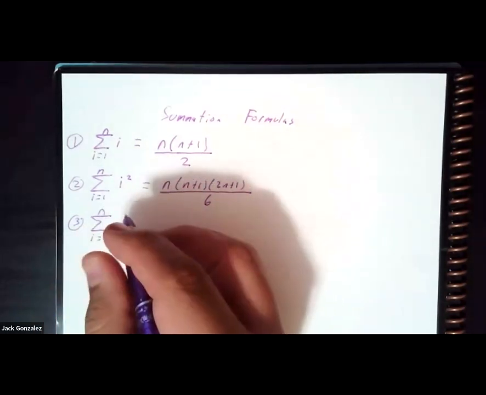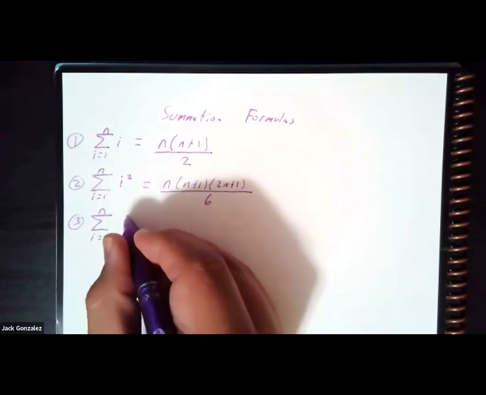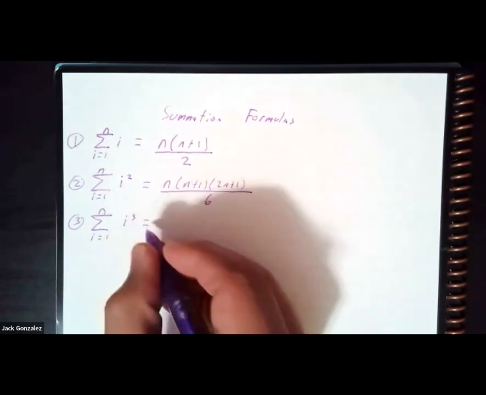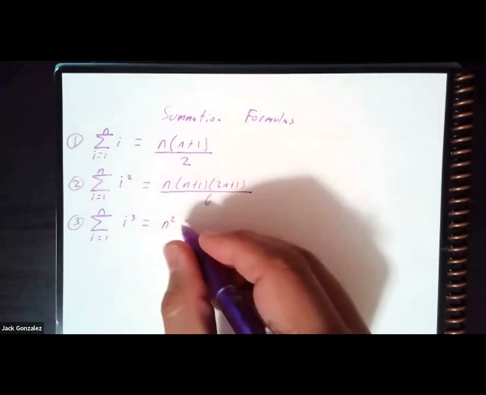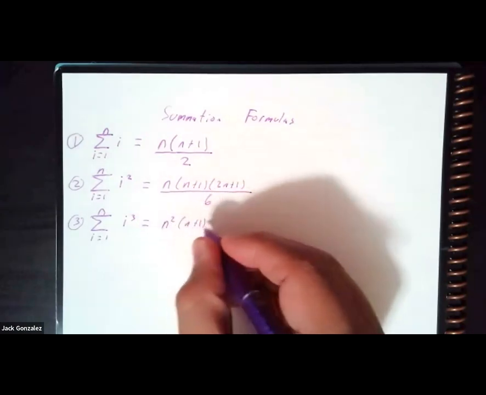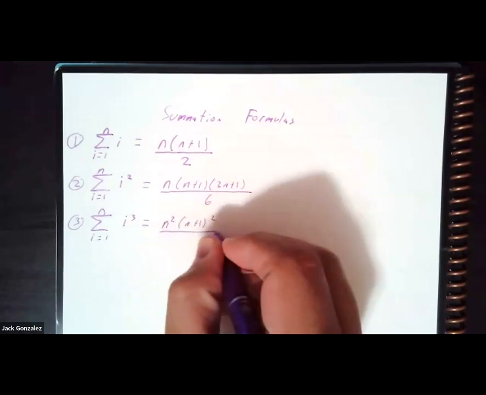If you're summing a bunch of cubes, you're going to get n squared times n plus 1 squared, over 4.